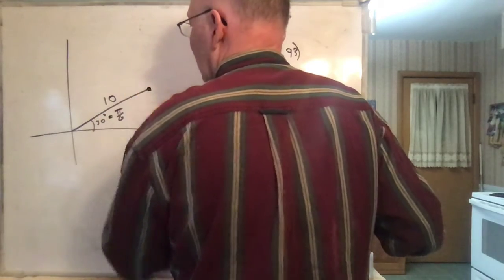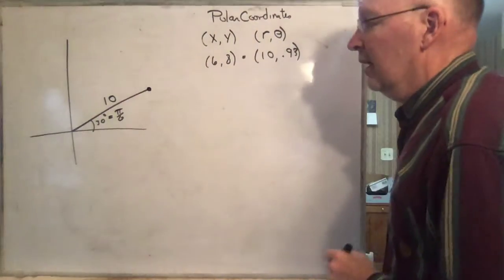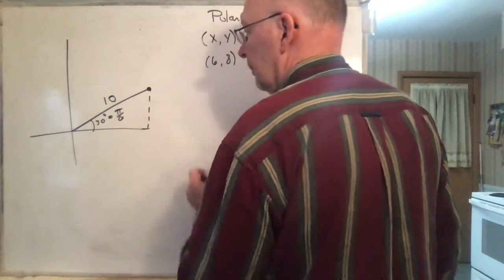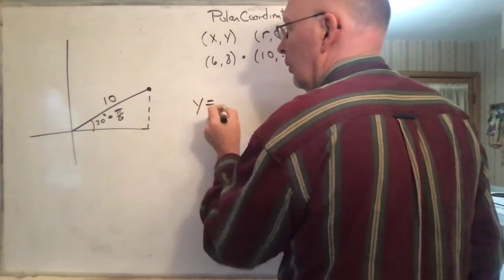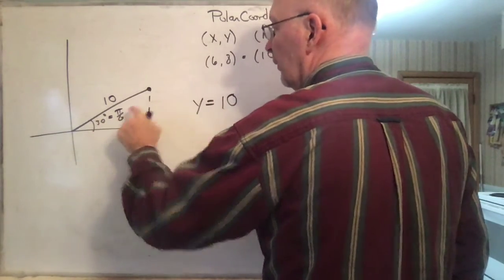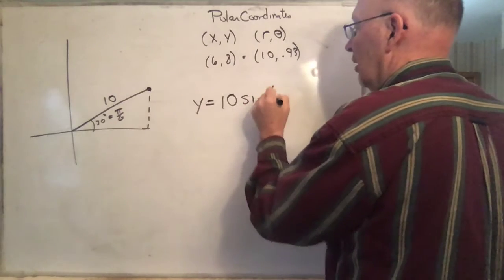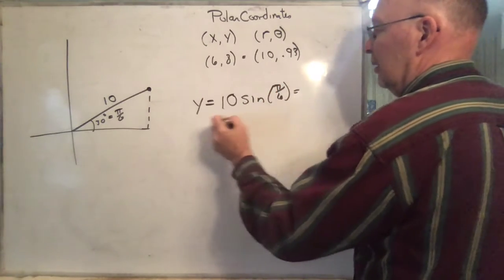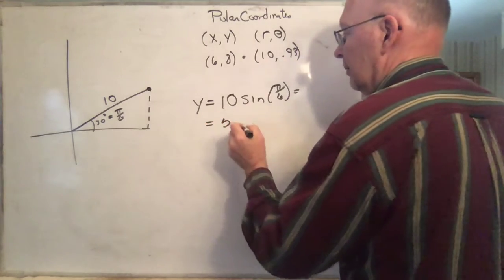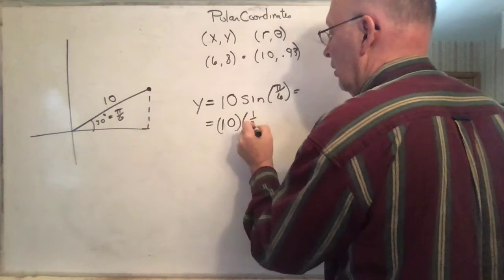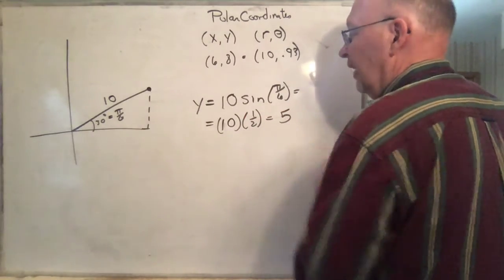And so the y coordinate would be 10 times the sine of pi over 6, which is 10 times 1/2, which is equal to 5.